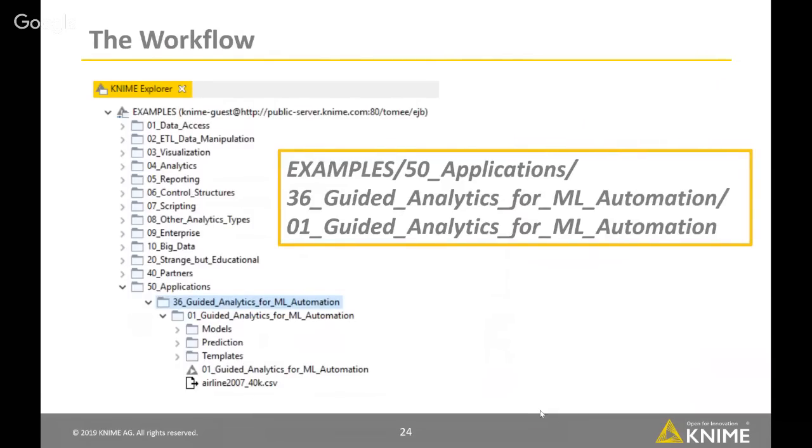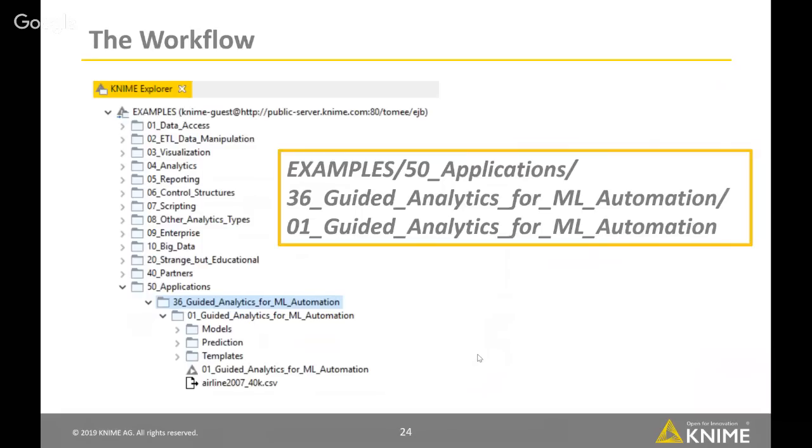So if you don't know the example server, you should definitely have a look. You install the KNIME Analytics Platform, and you have this example server, which is totally open to access and already connected. You just need to double click, and all those folders open up, and you have a bunch of different workflows for different use cases and different sets of nodes.